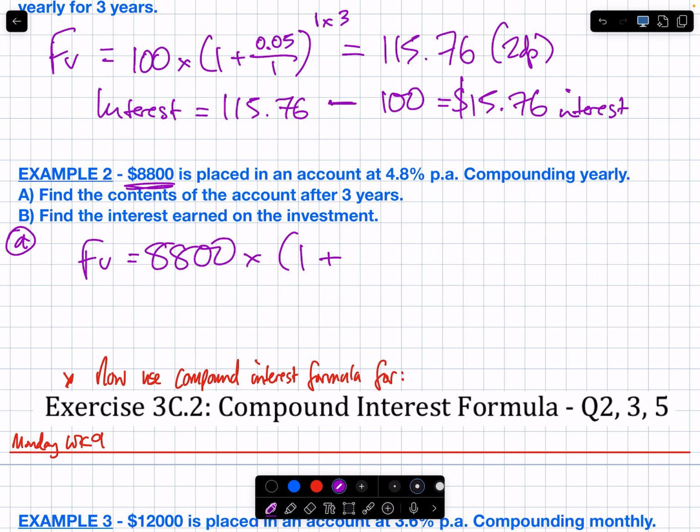4.8, if I divide that by 100, what's it going to be as a decimal? 0.048? Yes. 0.048 over compounding yearly, so k is going to be 1 to the power of k, which is 1, times by 3 years, 3.